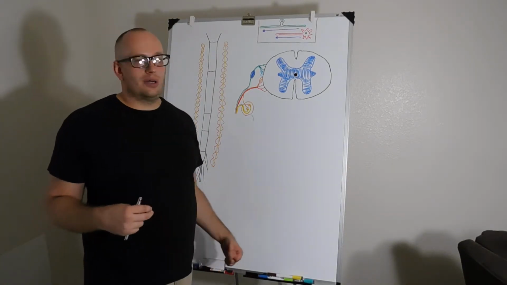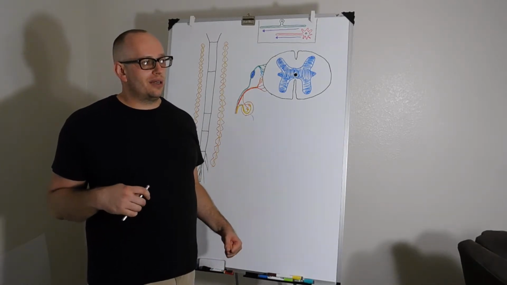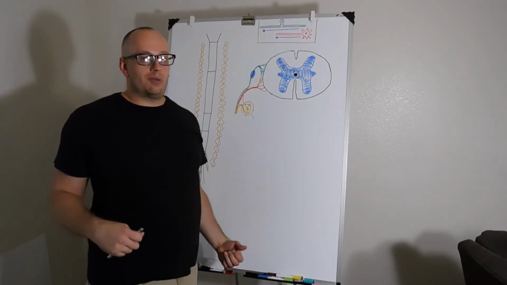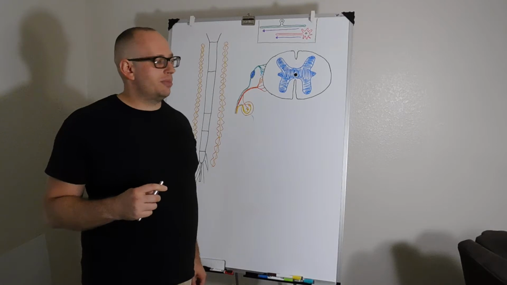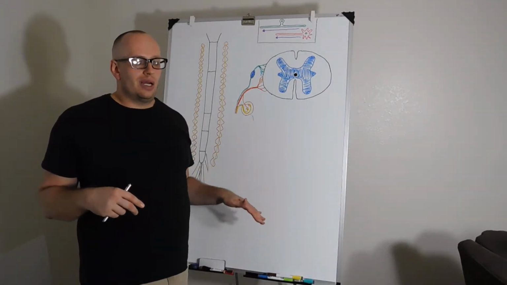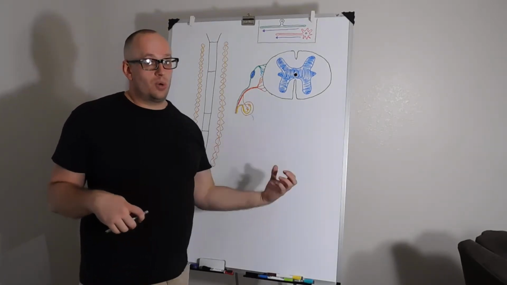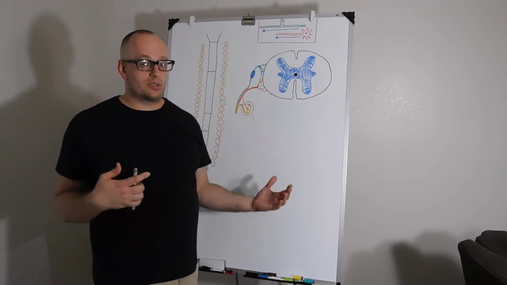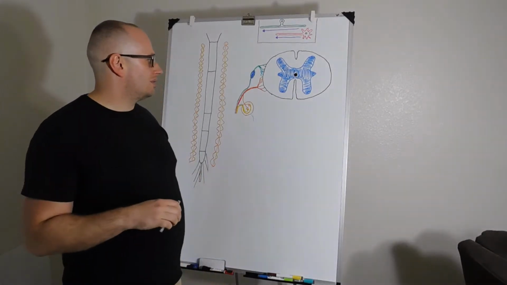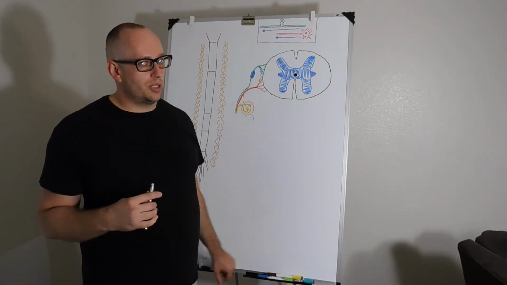Or if, say, a muscle starts to stretch more than it's supposed to, that might mean that that muscle's failing under some kind of pressure or force, and you have to immediately compensate for that. And then it has to actually have a loop that goes back and first inhibits the antagonistic muscle, and also promotes the muscle that's actually being stretched more in a reflex. And I can maybe talk a little bit more about that in a different video. So that uses muscle spindles.